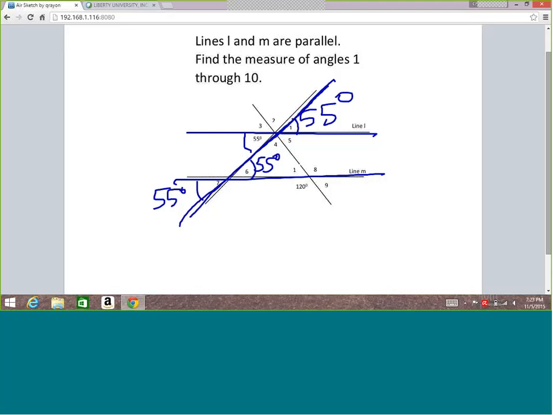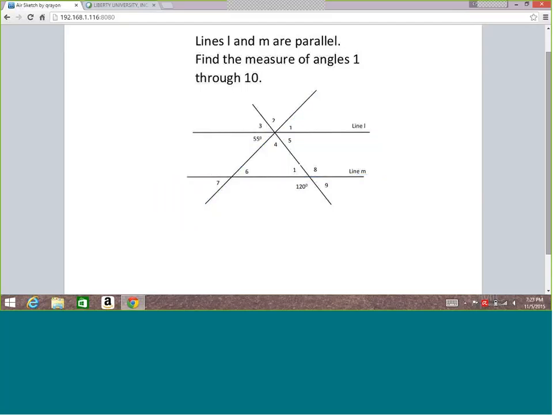So what makes this problem particularly confusing is the fact that you not only have the parallel lines, but you have two different lines intersecting the parallel lines. But notice what I did is that for a lot of this problem, I ignored one of the lines.